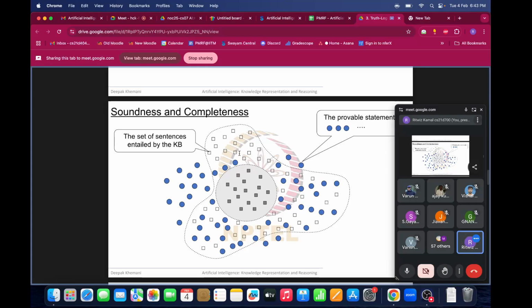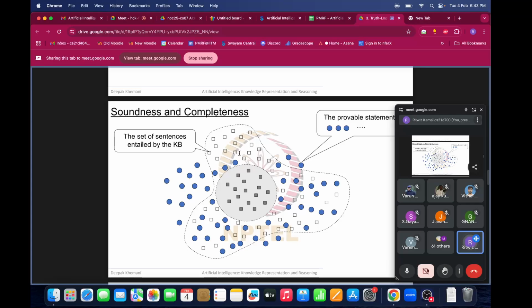So if we have some logical machinery that can derive all these 10 statements that will always be true, plus it is also allowed to derive two or three of the other statements that may or may not be true. Let's say that the logical machinery derives 12 sentences. 10 of those belong to the set which are always true. Two of those are those that may or may not be true. We will still say that that logical machinery is complete.